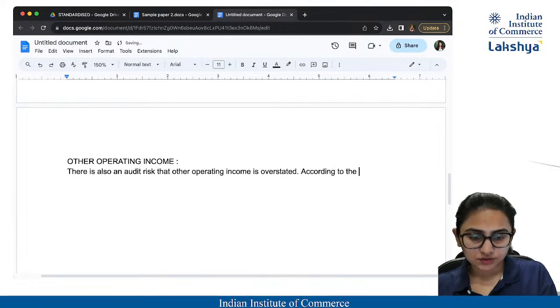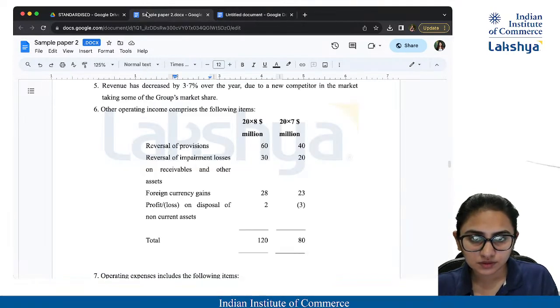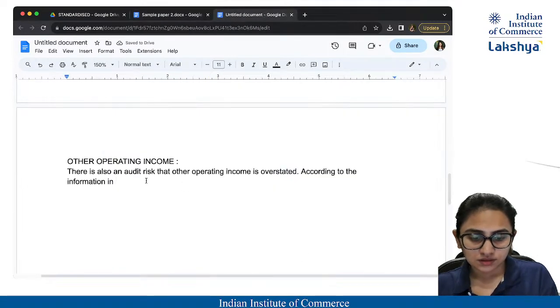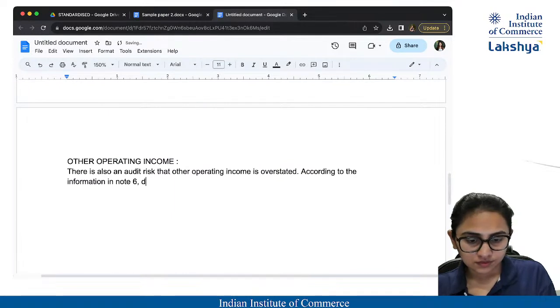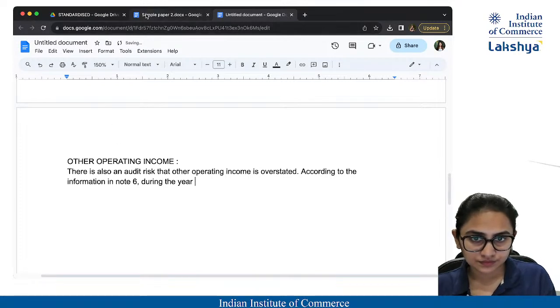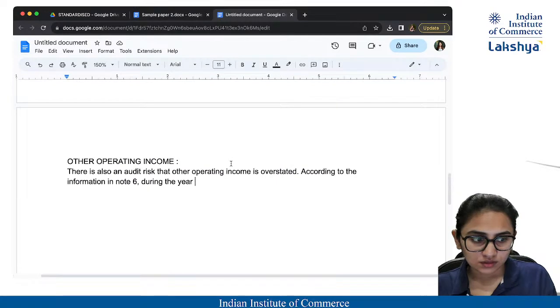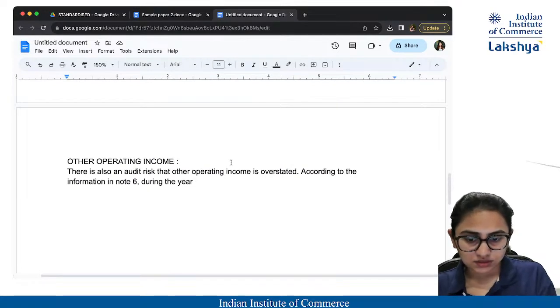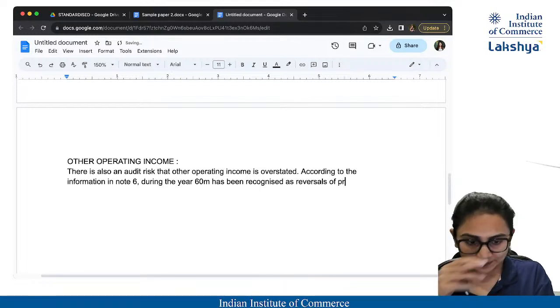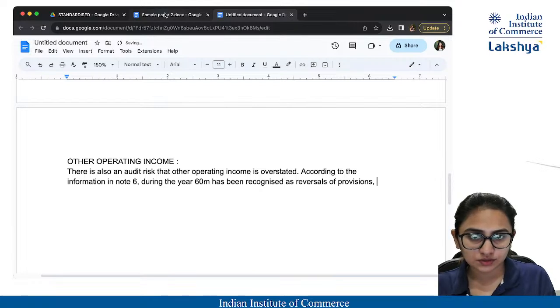According to the information in note 6, during the year $60 million has been recognized as reversal of provisions, and last year it was 40.